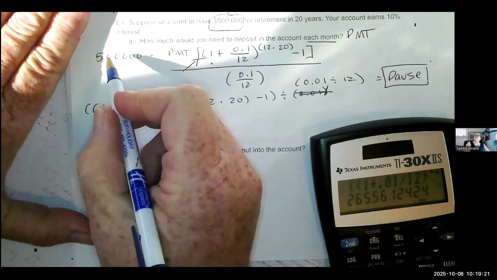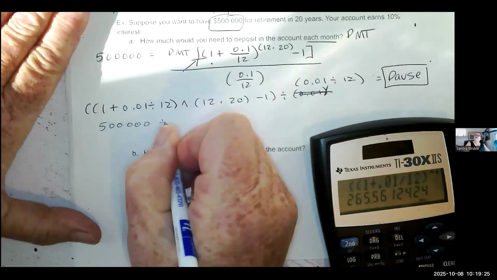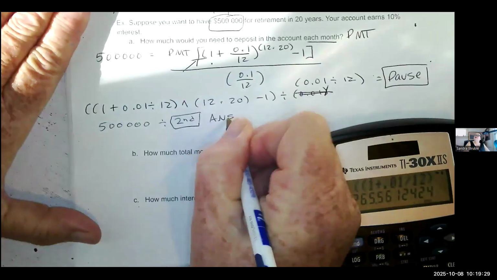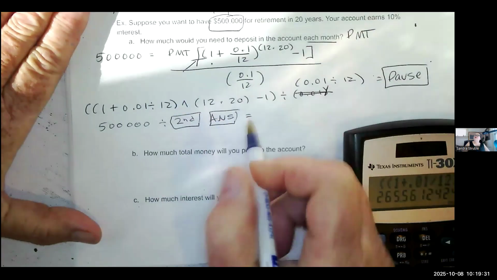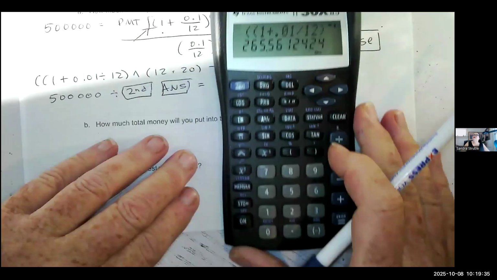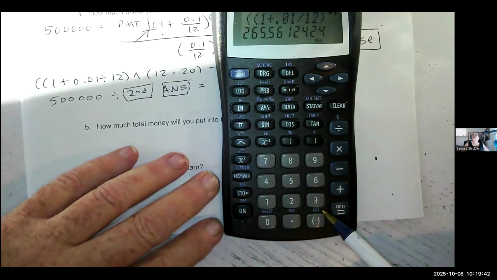To find out what my PMT is, this is not my PMT. I have to now take the 500,000 and divide it by second answer equals. And these are buttons on your calculator. So here's the second, and your A and S key is typically to the left of your enter key, where your negative symbol is. See that it has A and S right there in blue.